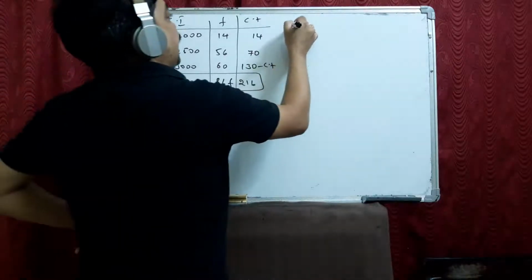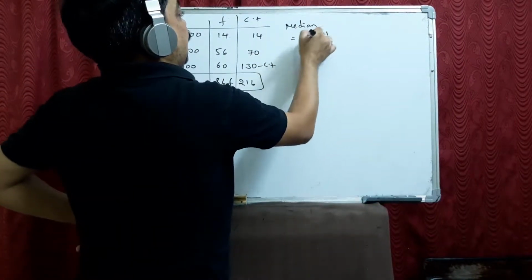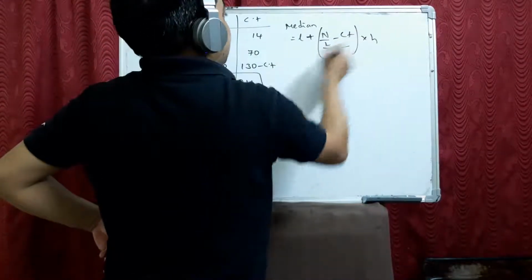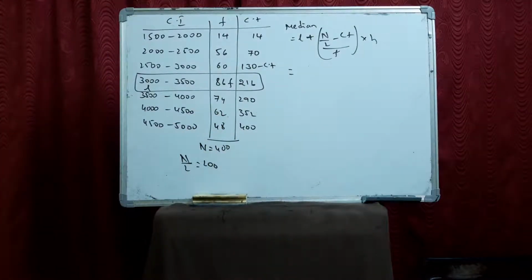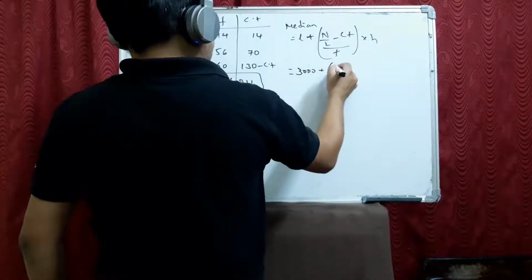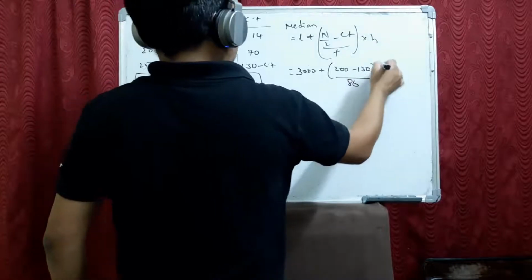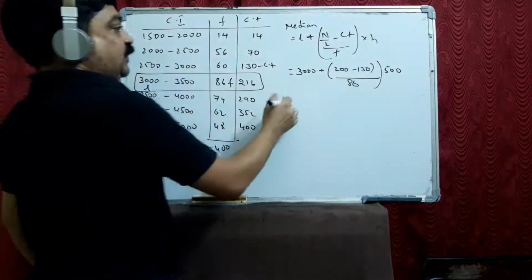Let us find out the median, which is equal to L plus N by 2 minus CF by F into H. L value is 3000 plus N by 2, 200, minus 130, by 86, into H. H will be 500. The difference is 500.